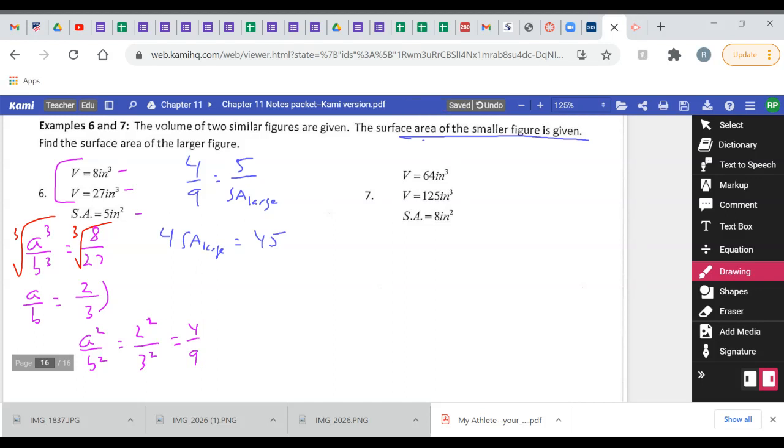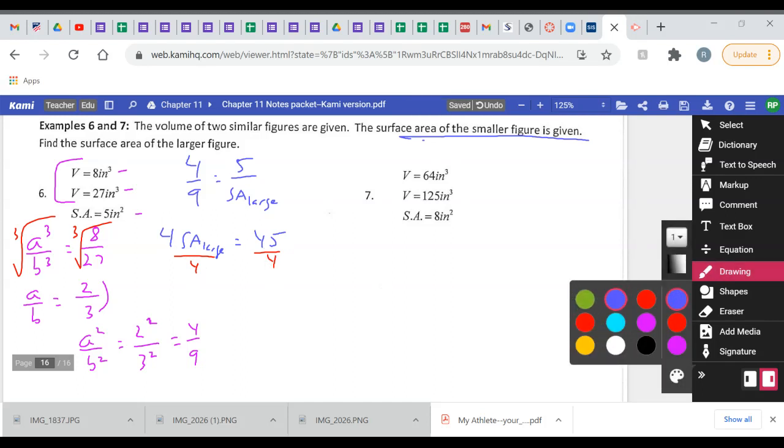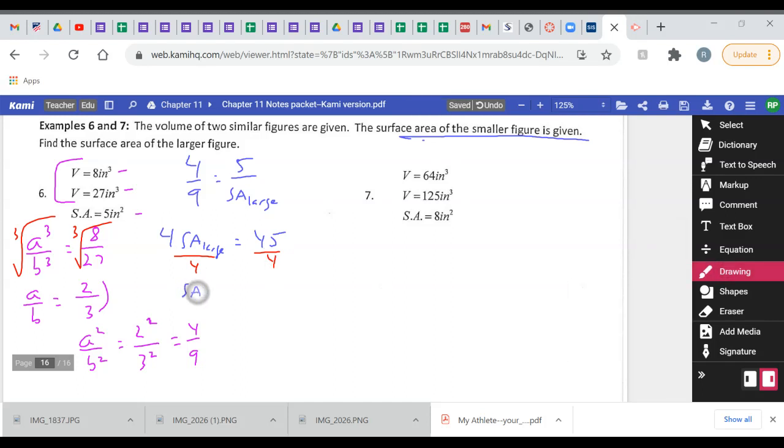If I go ahead and divide by 4 on each side, then I get 45 over 4 is my large surface area. And that's inches squared. If you want to write that as a decimal, you'd have 11.25 inches squared. All right, so that's number 6.